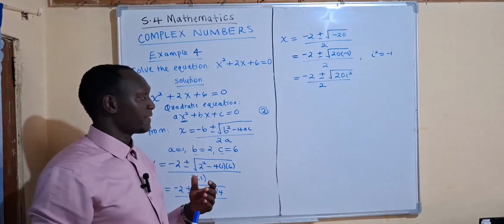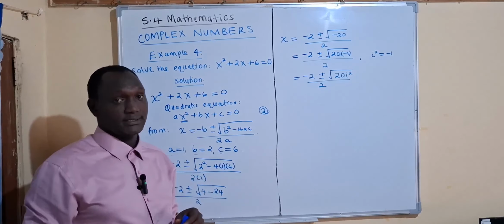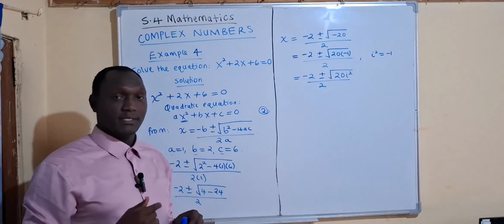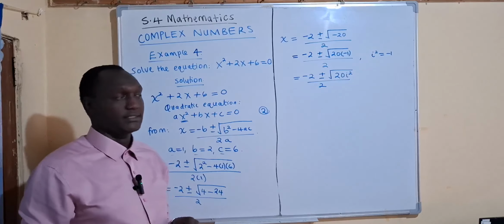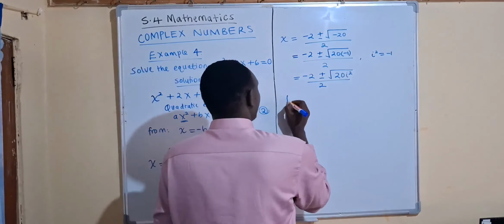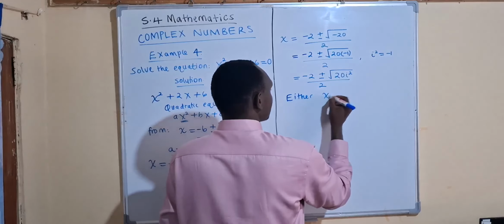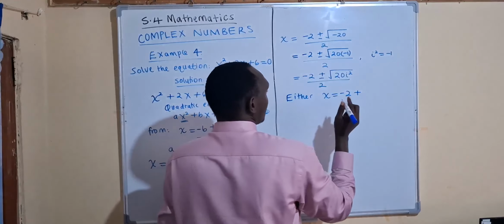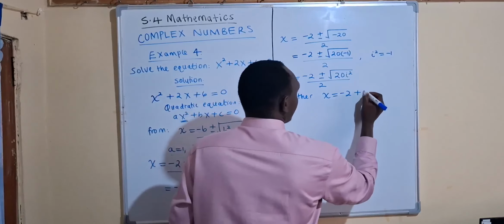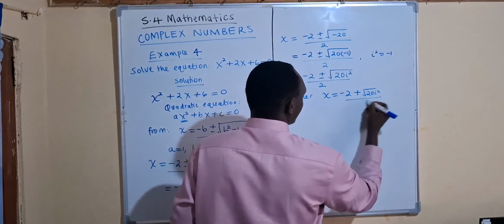The roots can be real or imaginary. The roots can be the same or different. That means for the first root, x equals -2 plus, you take the positive part first, the root of 20 i squared, over 2.